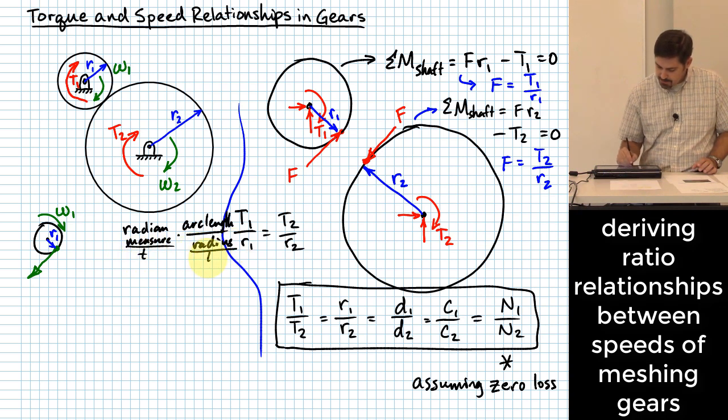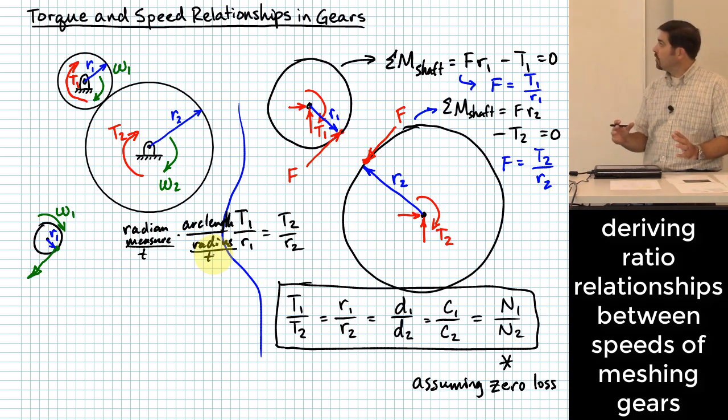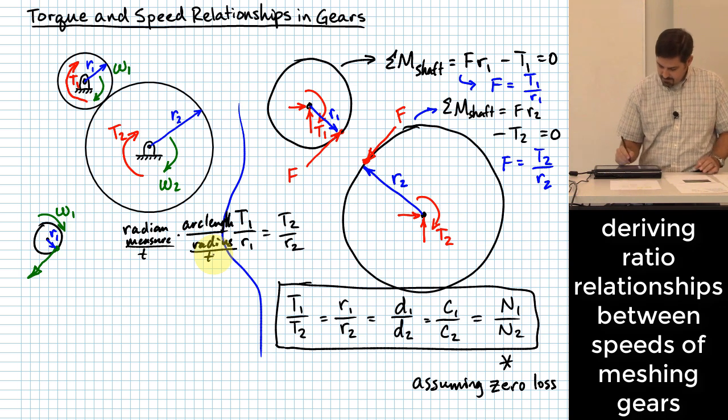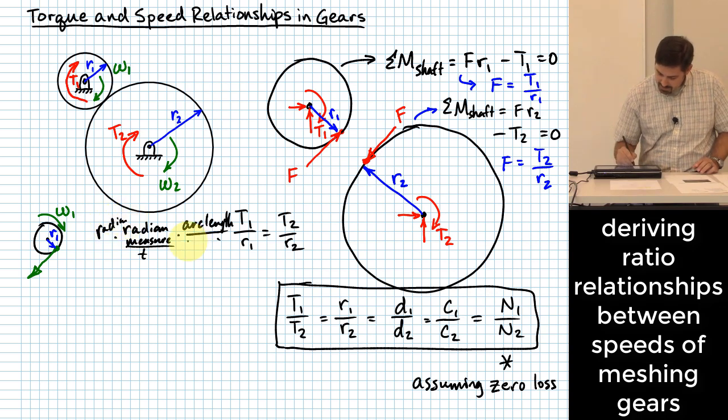Now, what is arc length per time? If I multiply the left side by radius, that leaves me with arc length per time.